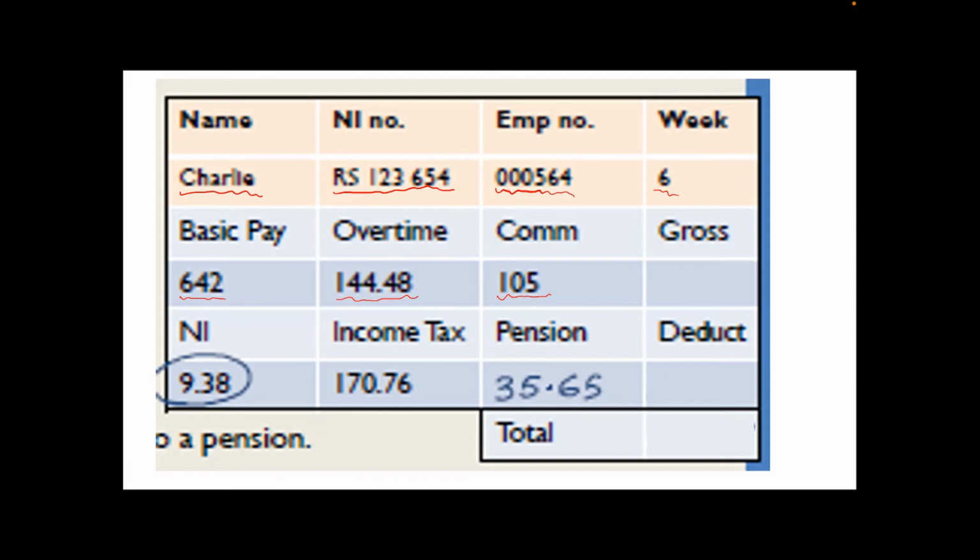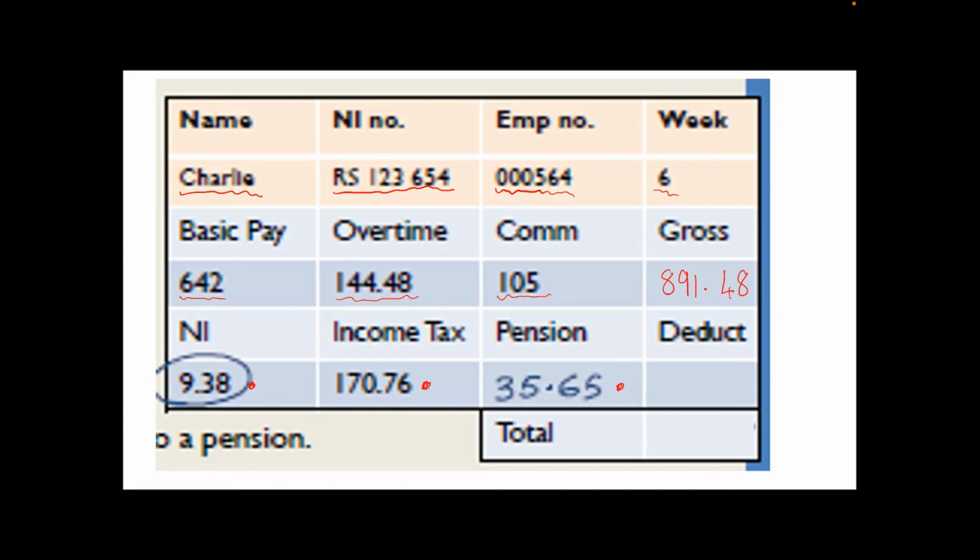So our gross pay is going to add up all of those different types of payments that we can get. So our basic pay, our overtime and any commission, and that gives us £891.48.